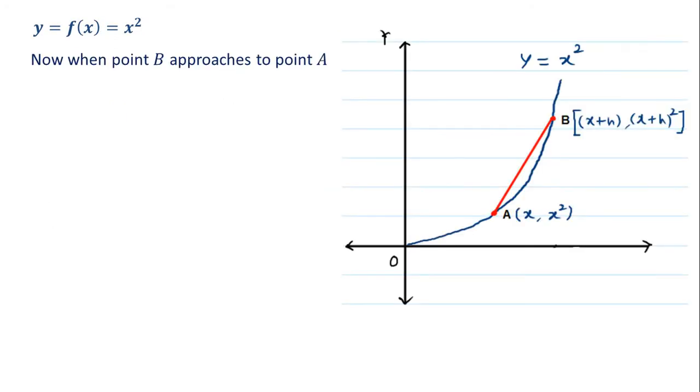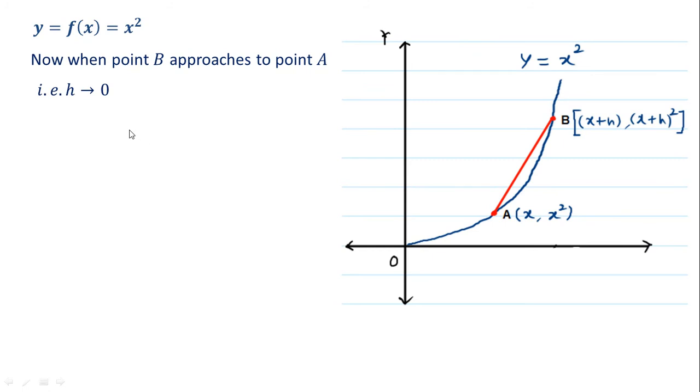Now as we require the equation of the slope of the tangent to the curve at a point A, we calculate the slope of this segment AB. Now when point B approaches point A, if you move this point B to A, then what happens?